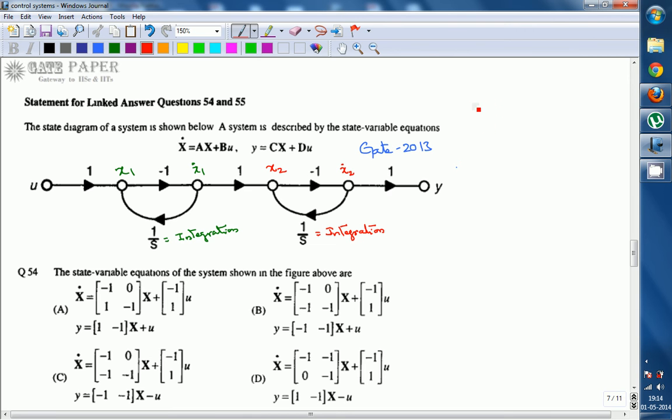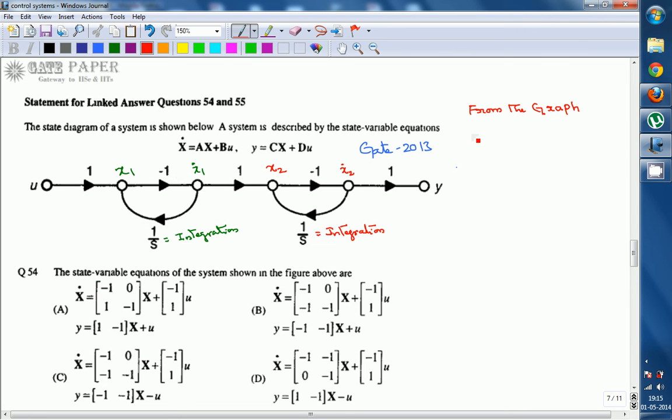From the given graph, we can write x1 dot equals... we can observe that u is the input, u is multiplied with 1 and that is added to x1, which is multiplied with minus 1, and we get x1 dot.